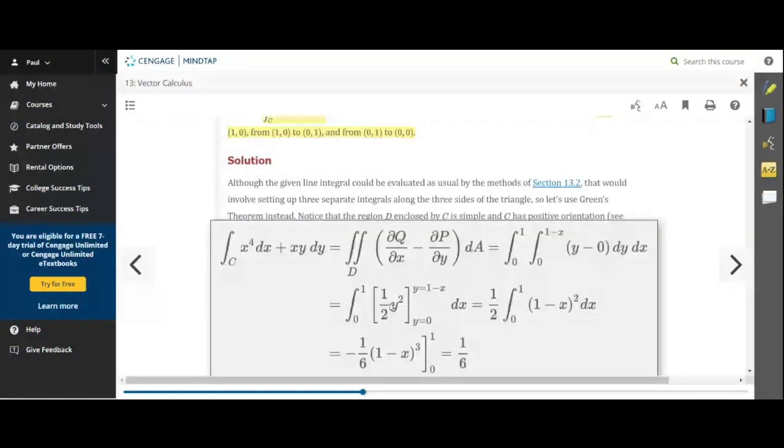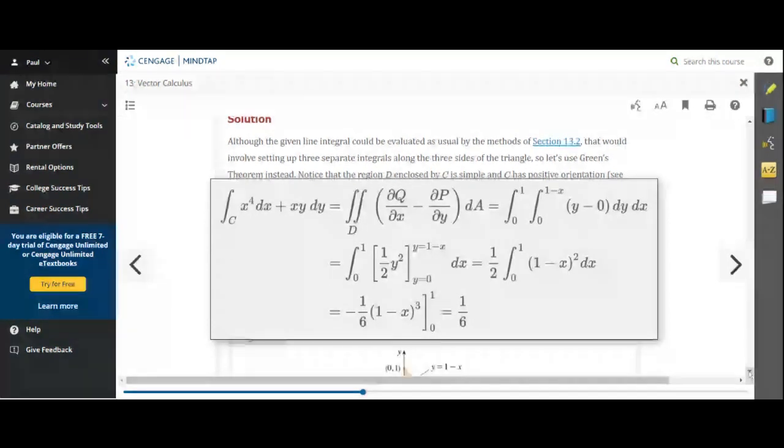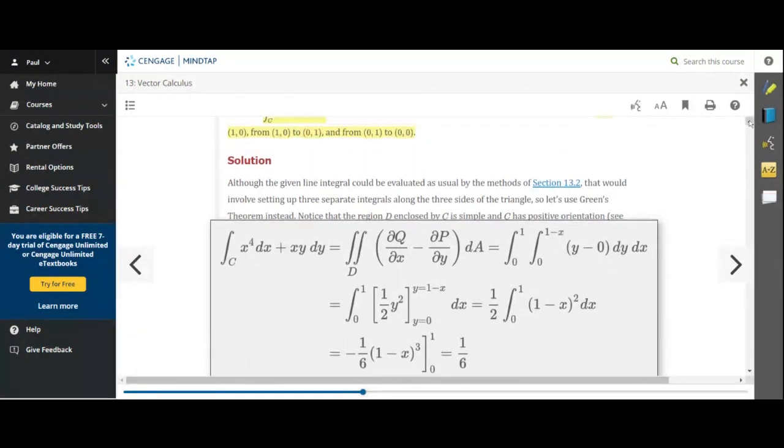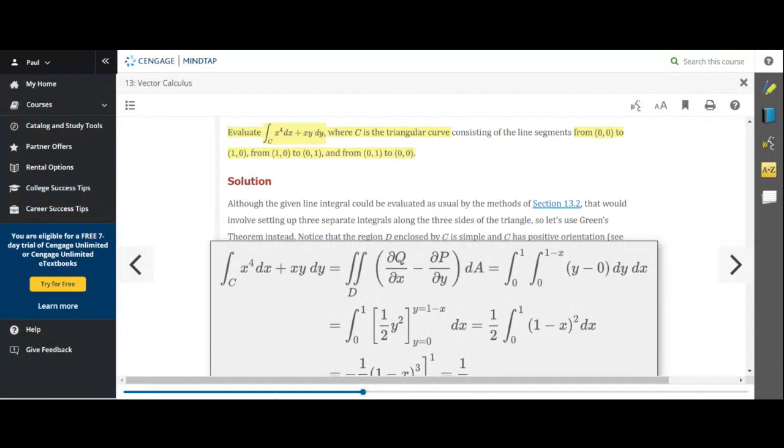Okay, and so here we're going to apply Green's theorem. In Green's theorem, of course, the P function is x to the 4th, and the Q function is x times y, right? And so the partial derivative of Q with respect to x is just y, and the partial derivative of P with respect to y is just 0.